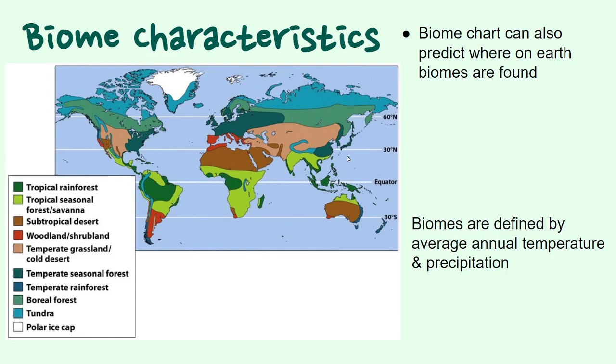We also will talk more in Unit 4 about precipitation patterns and the movement of air masses, and therefore the rain and moisture found within those air masses also contributes to why we find most of our tropical regions close to the equator, with some of our drier regions closer to 30 north and 30 south latitudes.